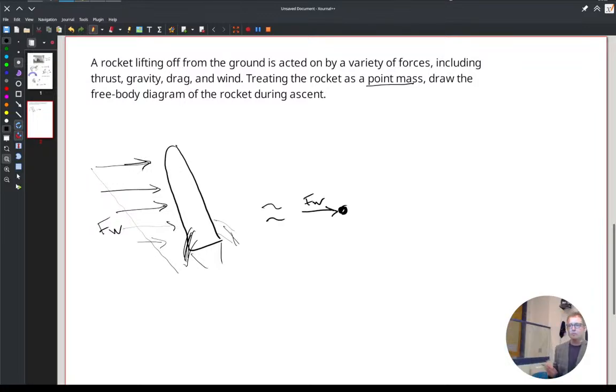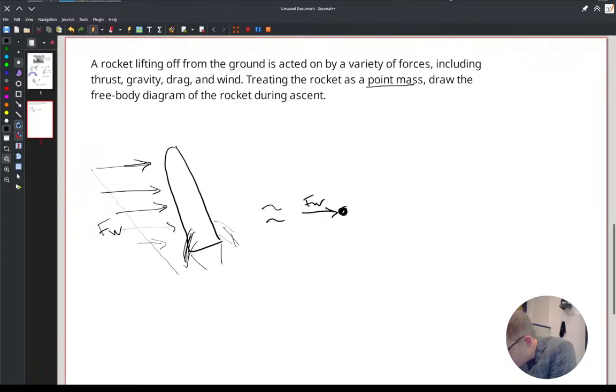So like wind force, let's say there's higher wind at the top versus the bottom, that's creating a torque. But if I say it's all a point mass, then the sum of the moments is zero because all the forces go through the center of a point. You can't apply the force and create moment on that point.